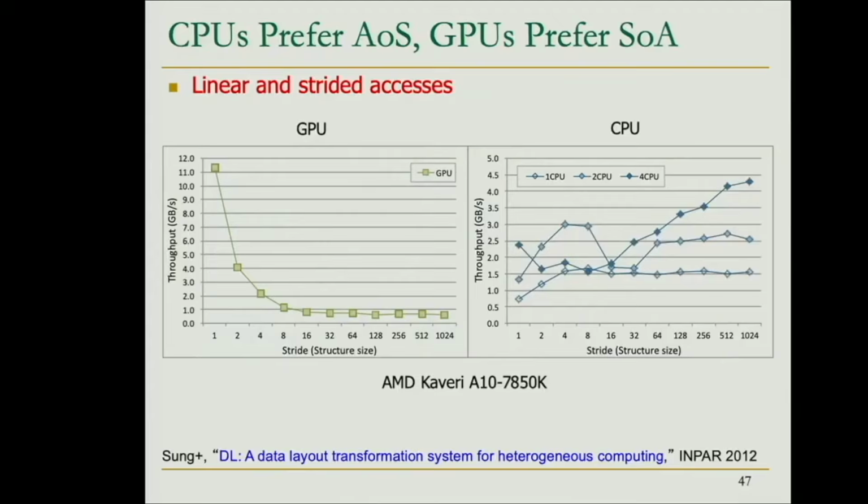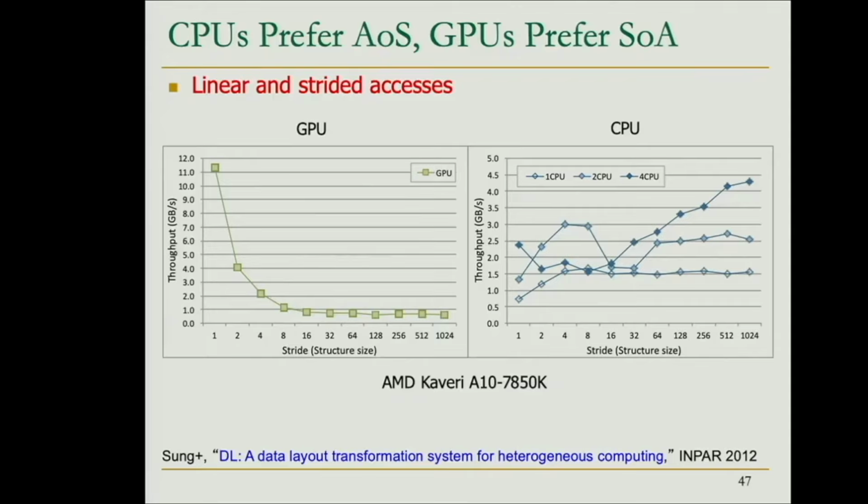What we have changed here is the structure size, and this could be like the array of structures. The longer the structure size, the longer the stride across threads. So you see how the achieved bandwidth is going down very, very quickly, right?